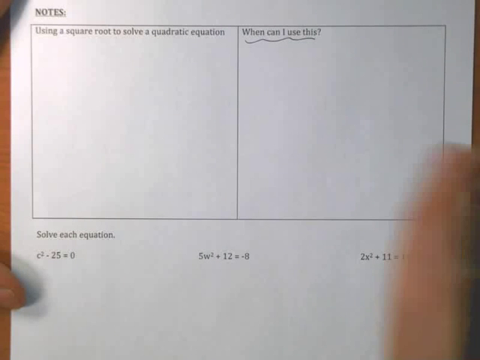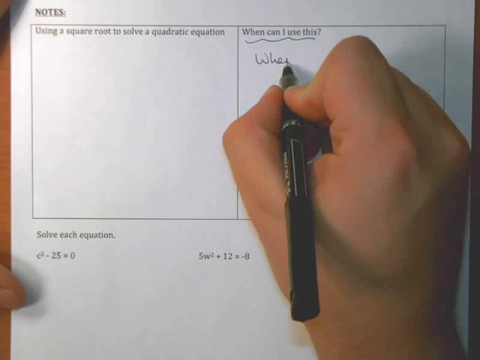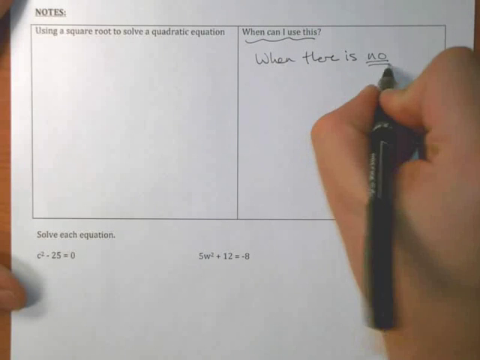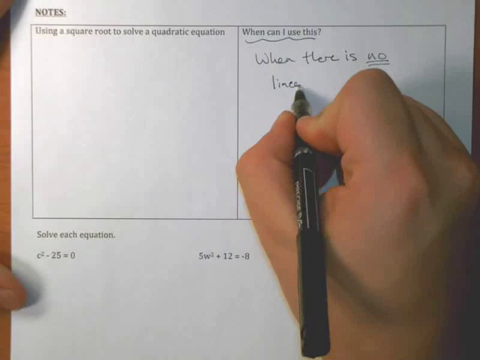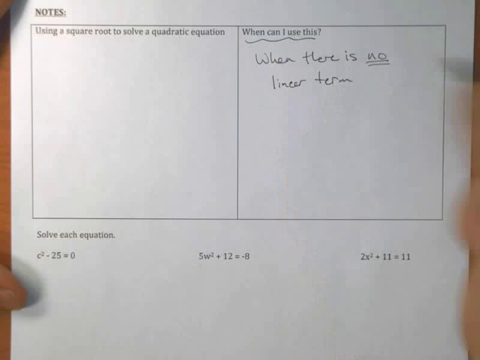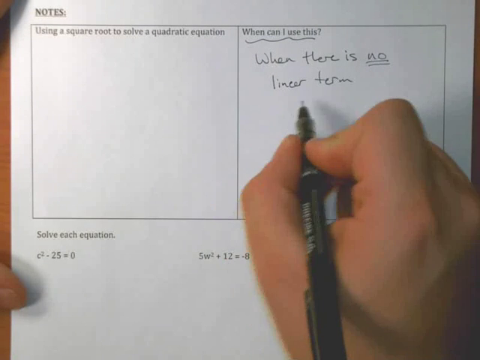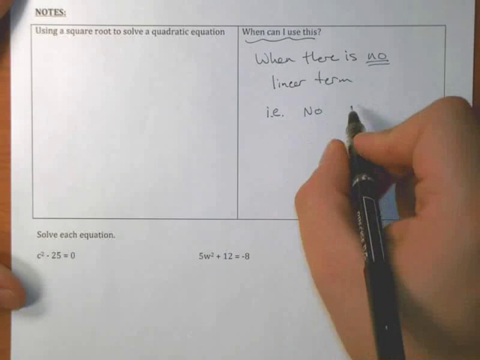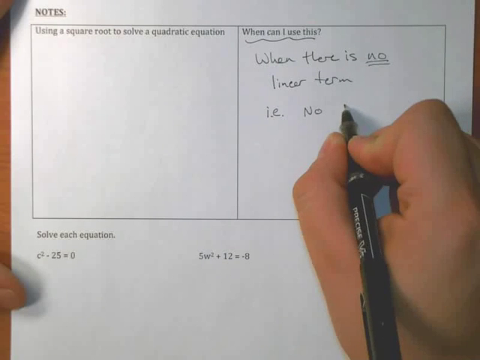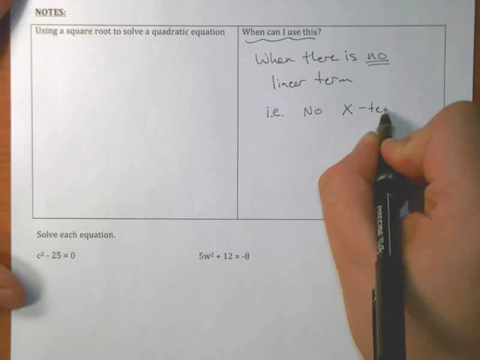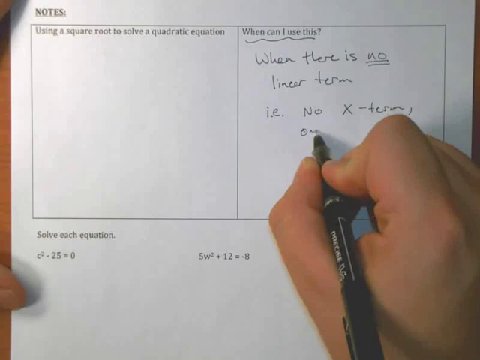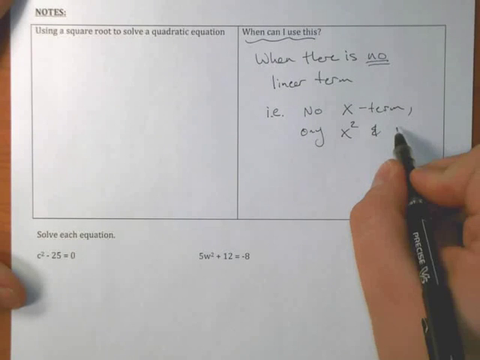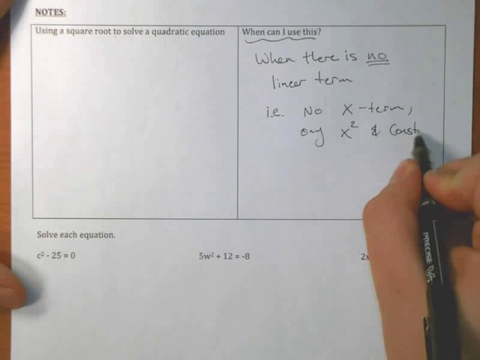I'm allowed to use this when there is no linear term, i.e., no x term, only x squared and constant.